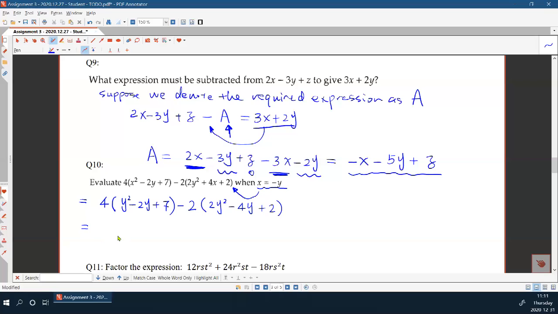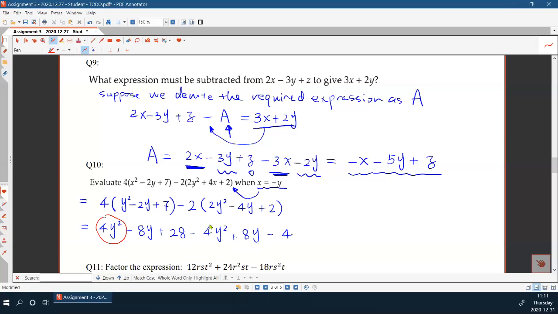Okay, and then we can expand all the terms. 4y squared minus 8y plus 28 minus 4y squared plus 8y minus 4, right? And now we can cancel something.